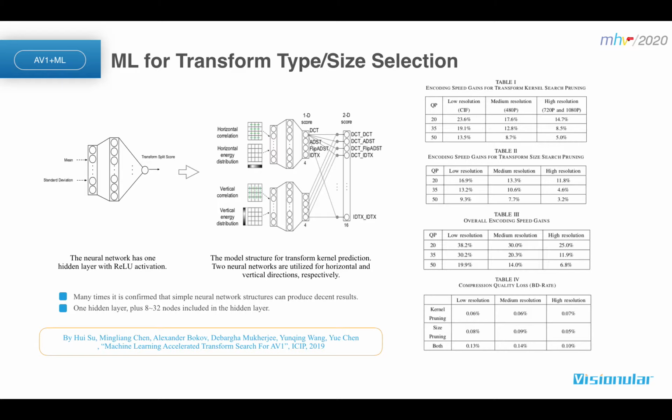And we know that in AV1, for example, the transform size is closely related to the partition size, and inside the partition size, the transform size can be further determined.